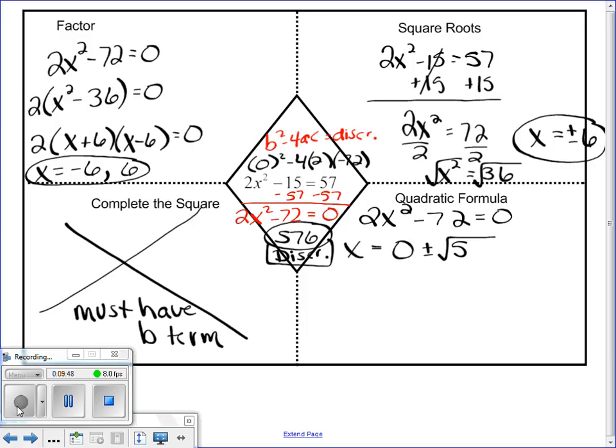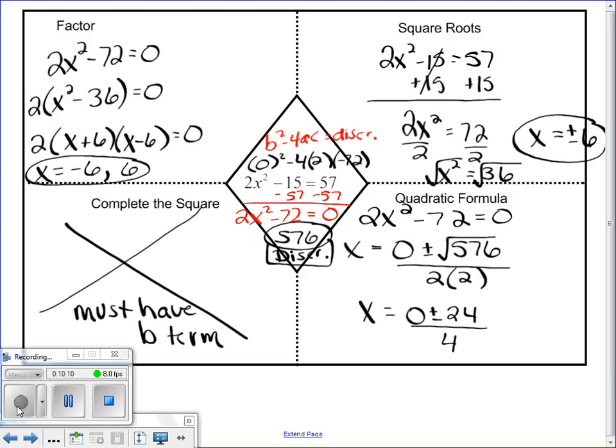We already found that, right? If you don't remember, you could write it all out again, but I'm lazy. I already found it. I'm just going to write 576, all over 2a, 2 times 2. So 0 plus or minus the square root of 576? 24.